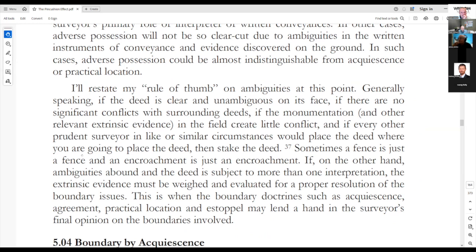Sometimes a fence is just a fence, and an encroachment is just an encroachment. If, on the other hand, ambiguities abound and the deed is subject to more than one interpretation, the extrinsic evidence must be weighed and evaluated for a proper resolution of the boundary issues. This is when the boundary doctrines such as acquiescence, agreement, practical location, and estoppel may lend a hand in the surveyor's final opinion on the boundaries involved.